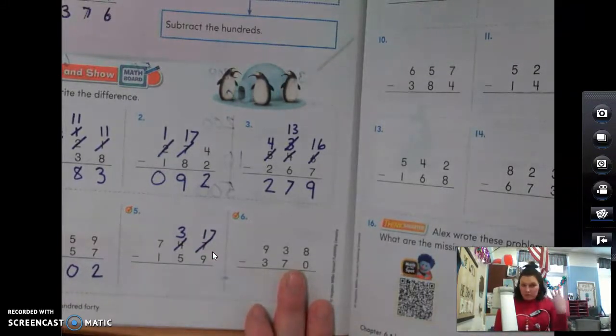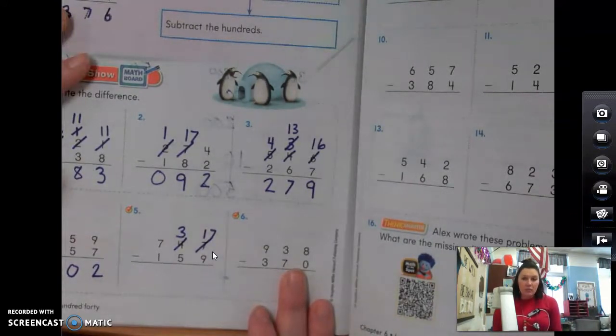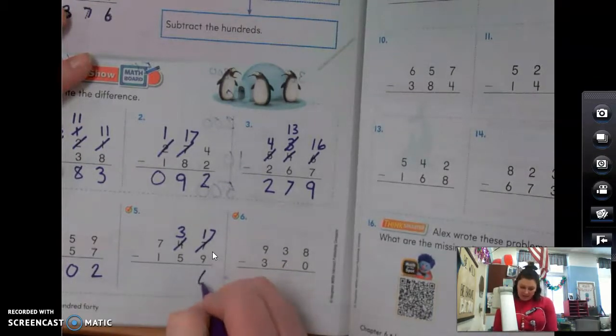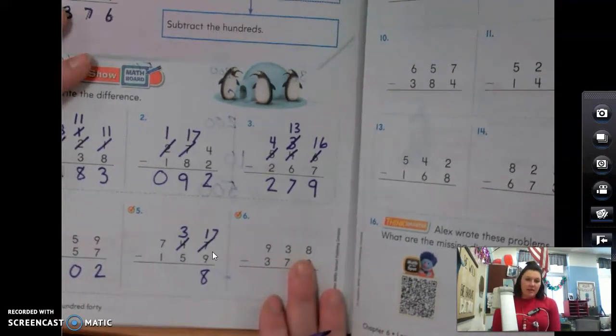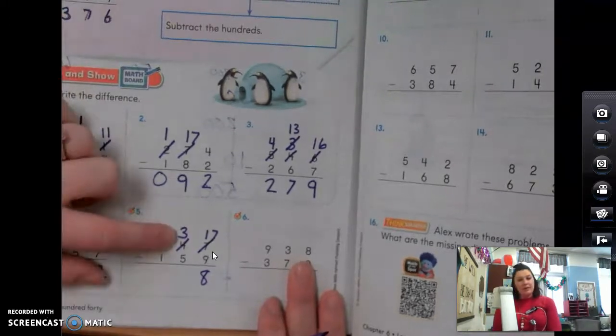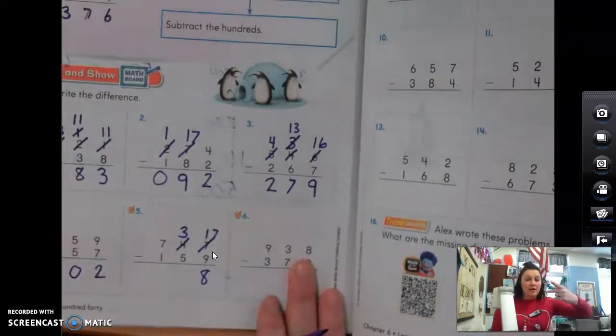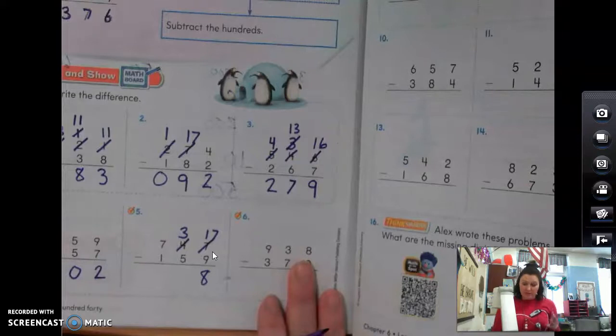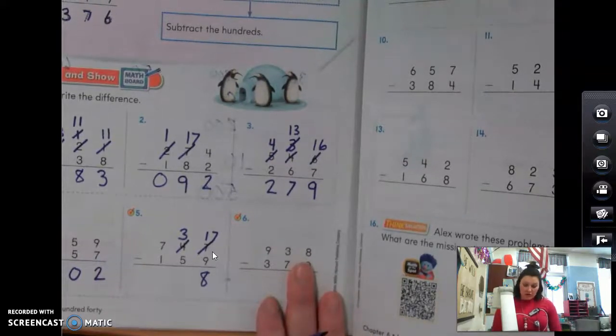All right, so now subtract. 17 minus 9. 17 minus 9, what did you get? 8. Good. 8 is the answer. So now I got to do 3 minus 5. You can't flip them and do 5 minus 3. That changes your problem. You have to do 3 minus 5, but you can't do it. There is more on the floor. So we have to go next door.